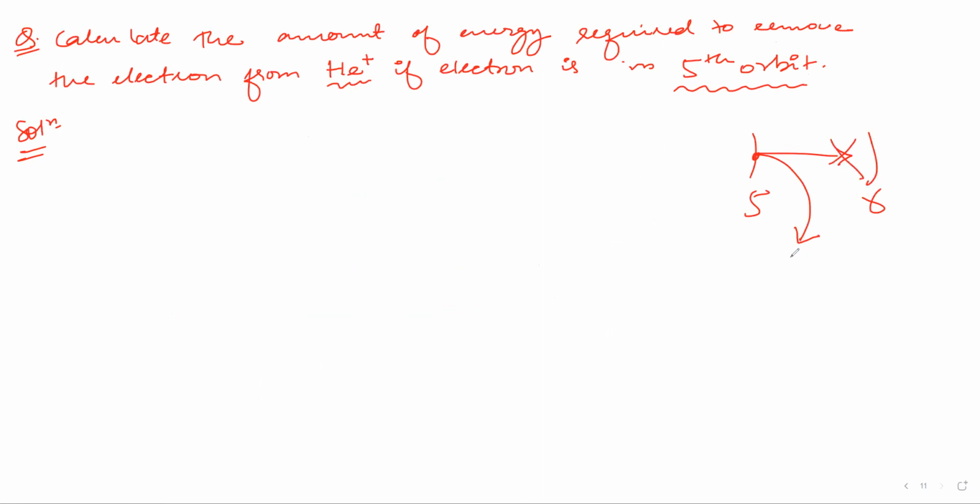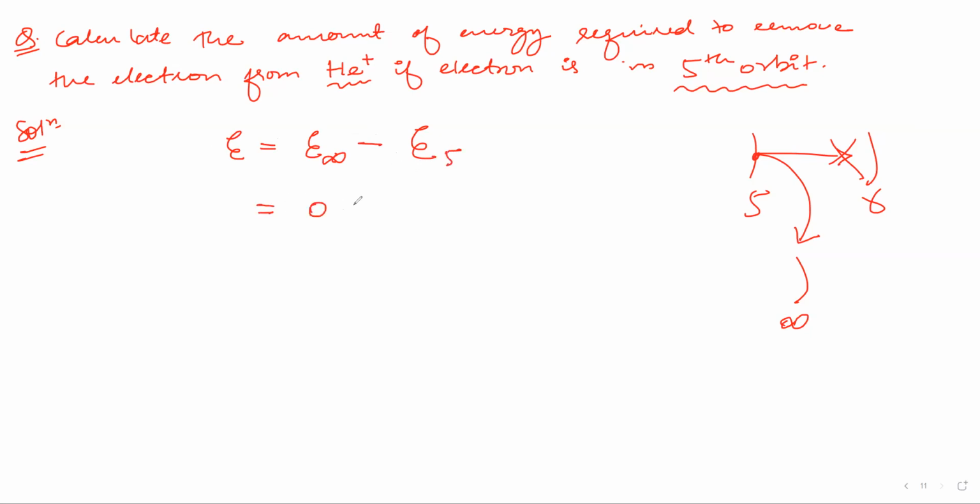When we remove a particular electron from the orbit, we are putting it at the energy level infinity. So the energy required will be equal to E infinity, because that is the final. What is the initial? Where is the electron, in which orbit? Fifth orbit. So you'll calculate it this way.